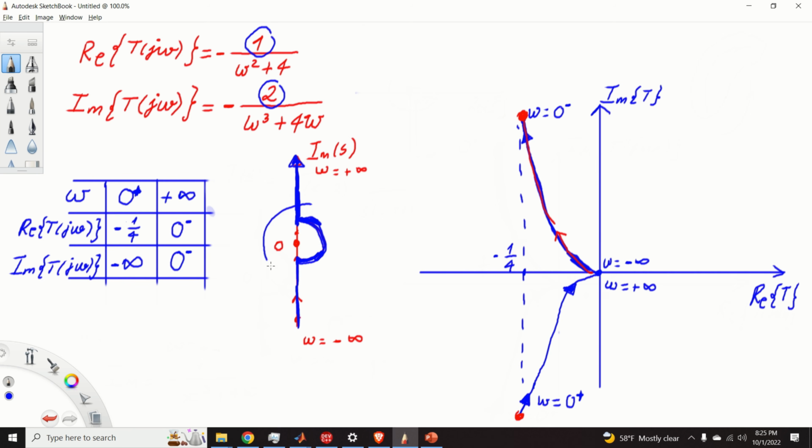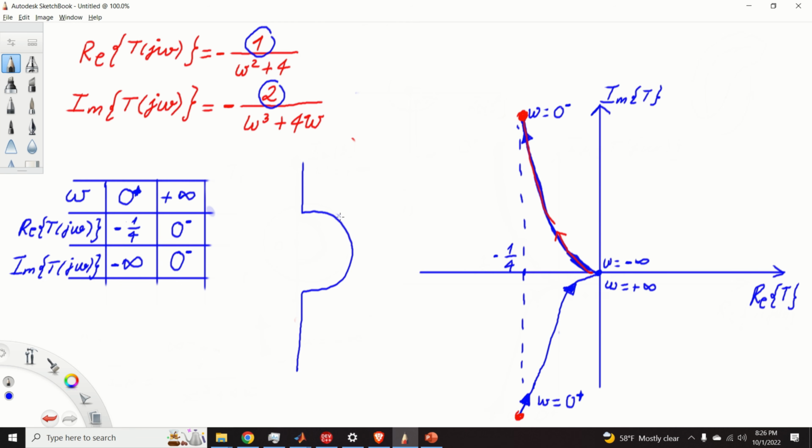Now let us zoom in over here and let's see how to parameterize this path. So what we are going to do, we are going to introduce a complex number s over here, and we are going to write this complex number as epsilon times e to the power j theta, where epsilon is the magnitude and theta is the angle.